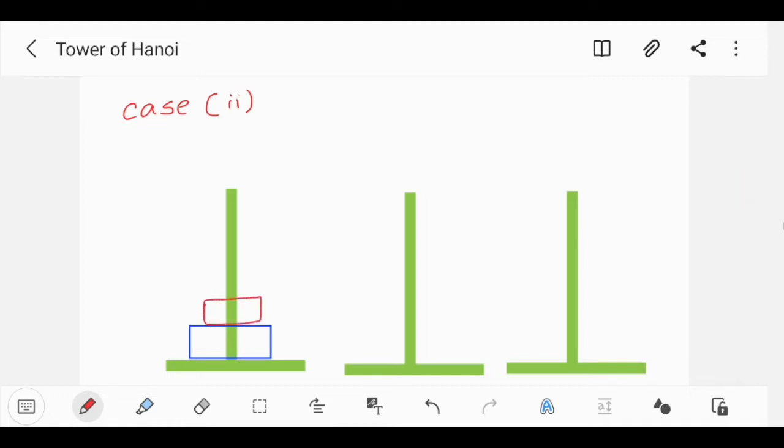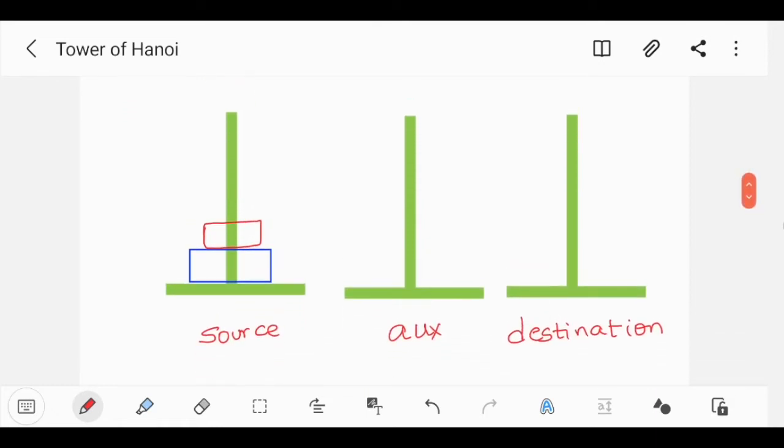The bigger one is the blue one placed on the source, and above it is the red one. So let's look at how I transfer it. It's obvious that I cannot take both the disks from the source and put them on the destination, and I have an auxiliary peg to help me here, right?